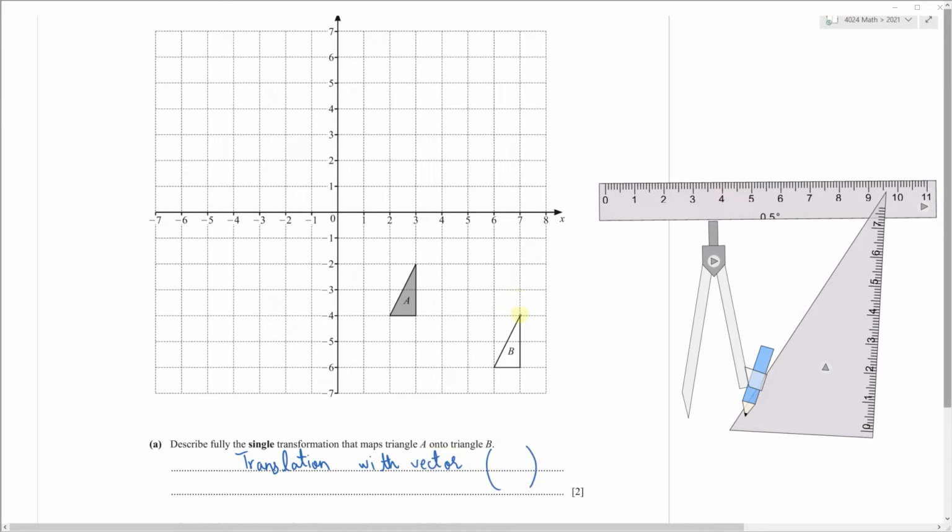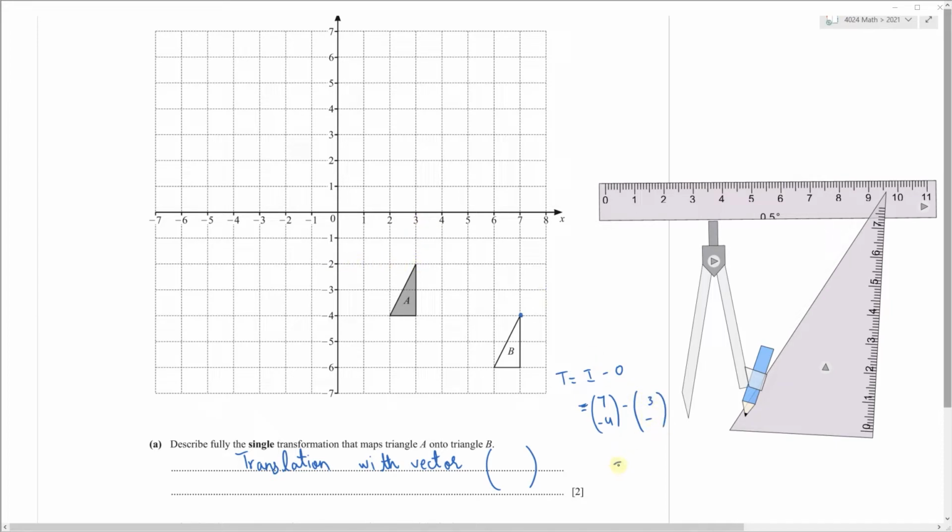We can take any two vertices. So translation vector is image minus object. So let's take this vertex 7 and minus 4, minus the object A, the corresponding vertex is 3 and minus 2.